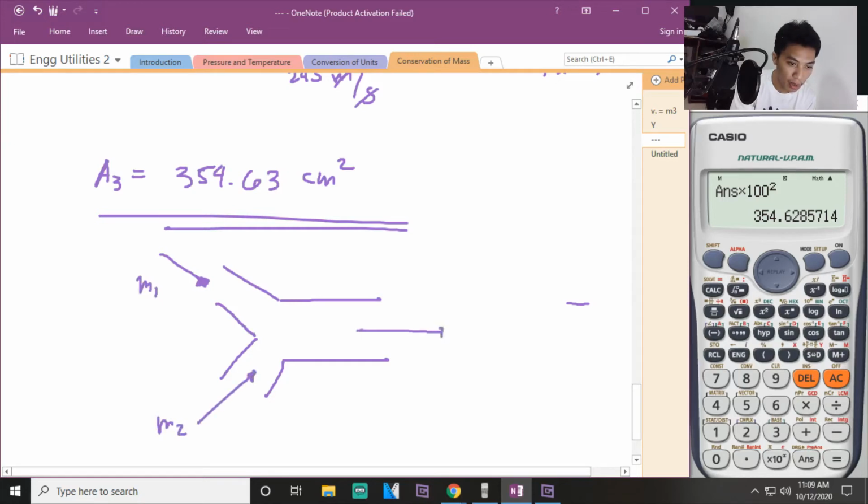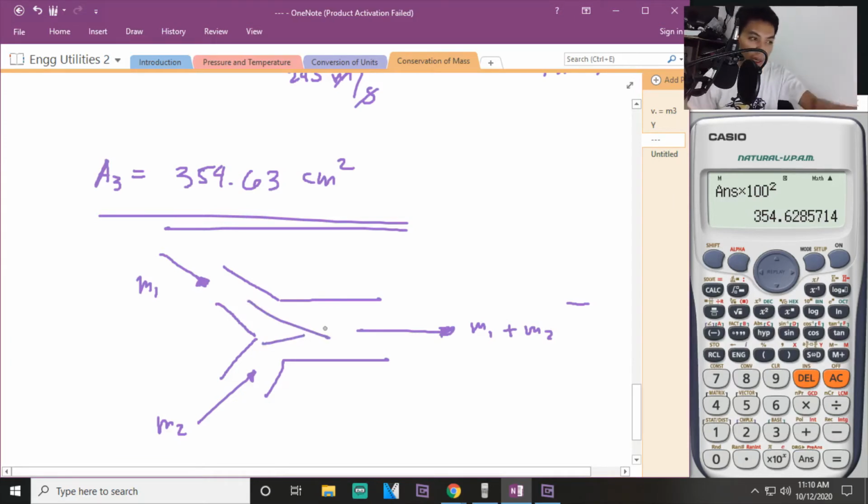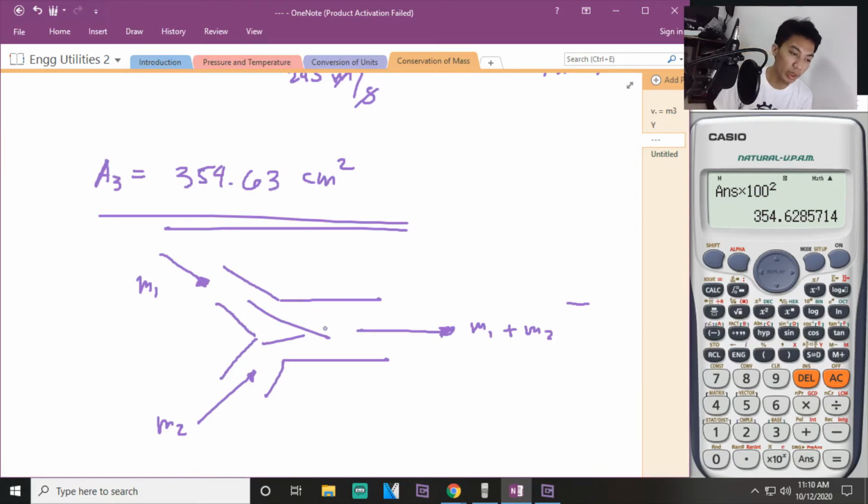And then, ang lalabas dito, yung M1 plus M2. Yan yun. Pag nag-mix sila. Ganyan din yun. Pareho lang yan. Ito lang, ginawa lang mixing chamber. Pero magbibigay ako dyan ng quiz, if ever, dalawang pipes, magjo-join sila, and then the total mass will be additive. Ang gagawin nyo, kukunin nyo yung area ng pipe na kailangan.